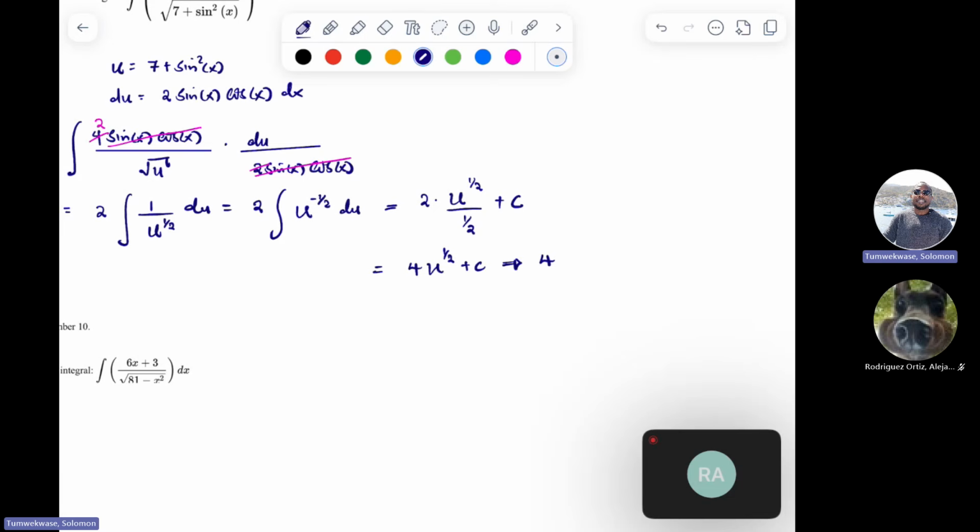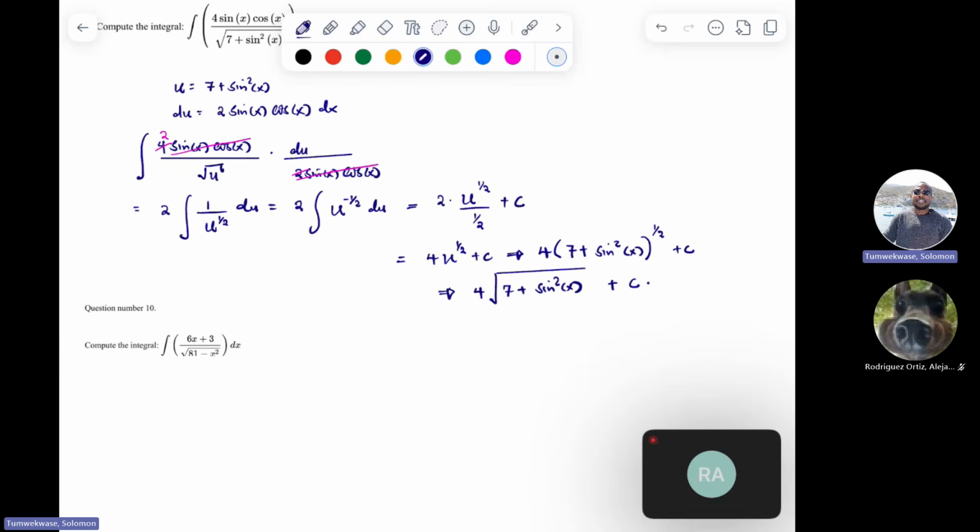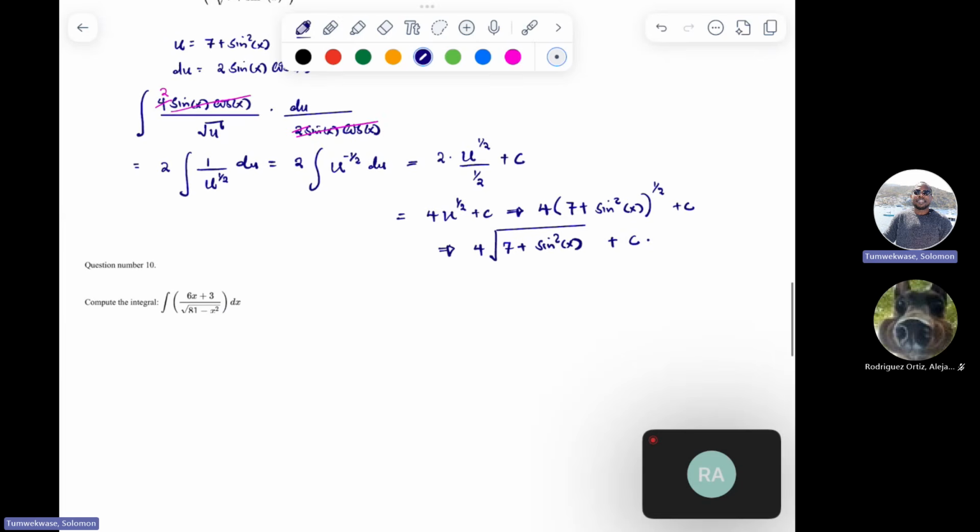So this is 4 times u, but u is 7 plus sine squared x, to the power half, then plus c. And this is the same as 4 times square root of 7 plus sine squared x, then plus c. Okay, and maybe that wasn't really so difficult.